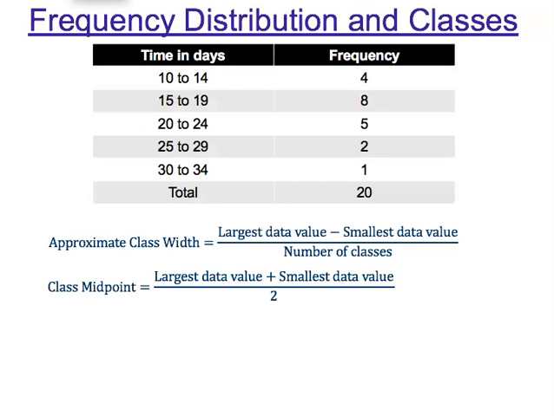In some cases, you'll find that the classes you're using are defined by a range of numbers. So here we've got the time in days to maybe complete a particular project, and it's 10 to 14, and then the next class is 15 to 19, that kind of thing. And then we have the frequency with which that's occurring. So it's a frequency distribution, just like before.